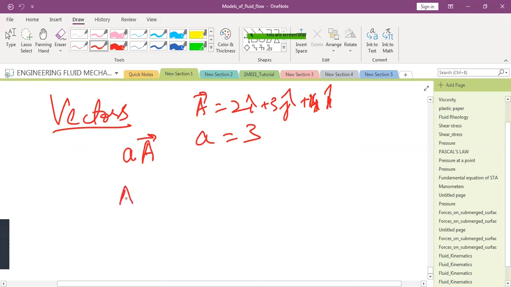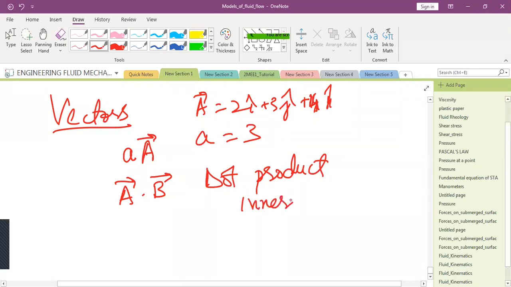What about this? What is this? Dot product, also called, I think you might have heard, the inner product. When you apply a constant to a vector, what do you get, a scalar or a vector? Vector.